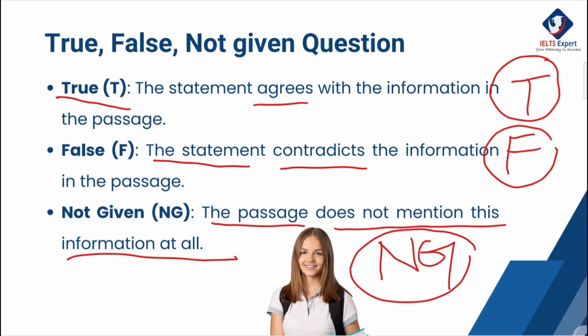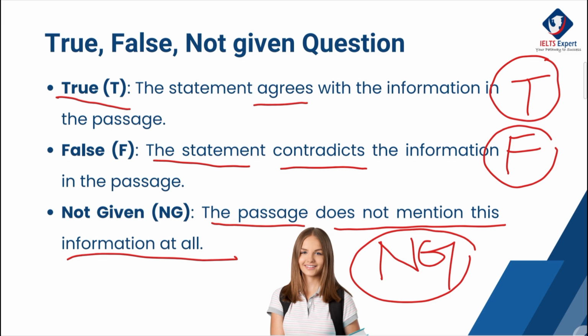So when the statement agrees with the information in the passage, you will write true. And if the statement contradicts the information in the passage, you are going to write false. If the passage does not mention the information at all, meaning you can't find the information in the statement anywhere in the passage, then you're going to decide not given.